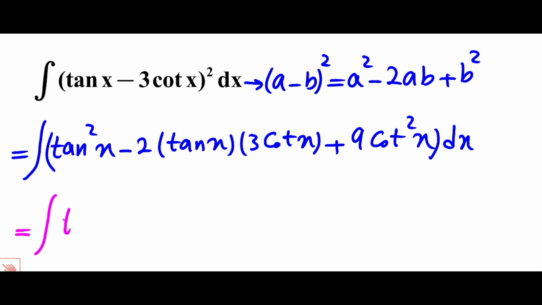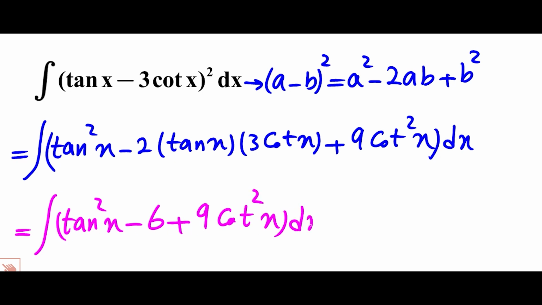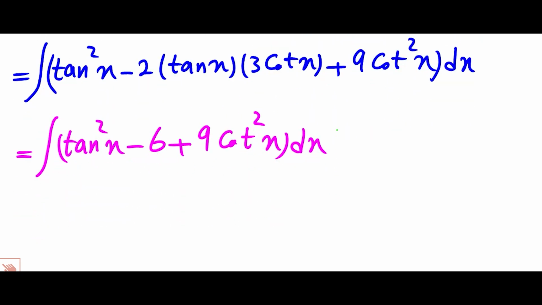The integral of tangent squared x, and tangent x times cotangent x equals 1. So 2 times 3 equals 6, giving minus 6, plus 9 cotangent squared x dx. And again, we can integrate them separately.